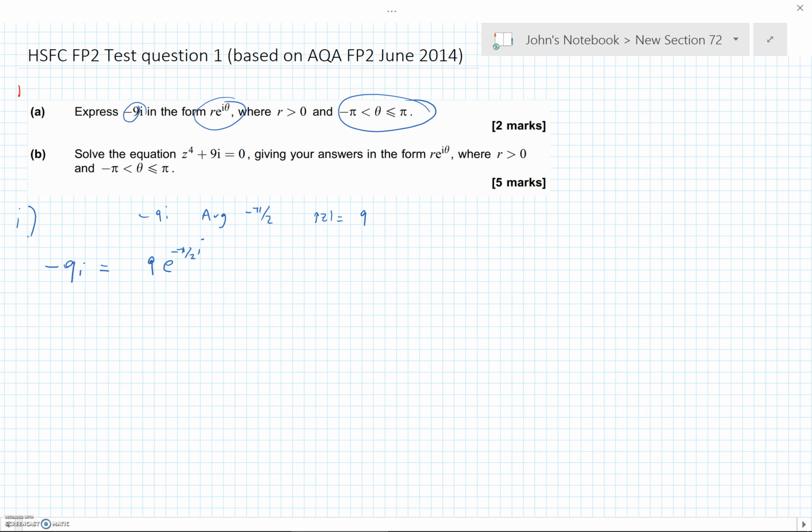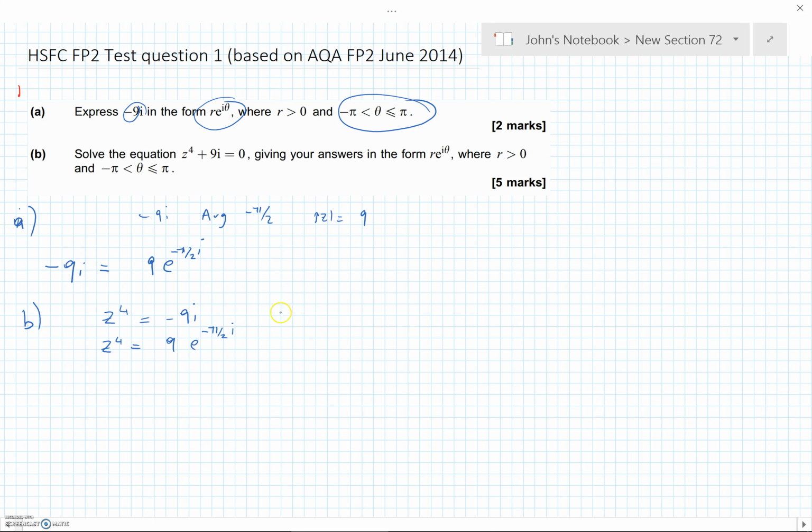Okay. The second part, we're using de Moivre's theorem. So we've got z to the 4 equal to minus 9i. So z to the 4 is equal to 9e to the minus pi by 2 i. But remember, this was the principal argument.